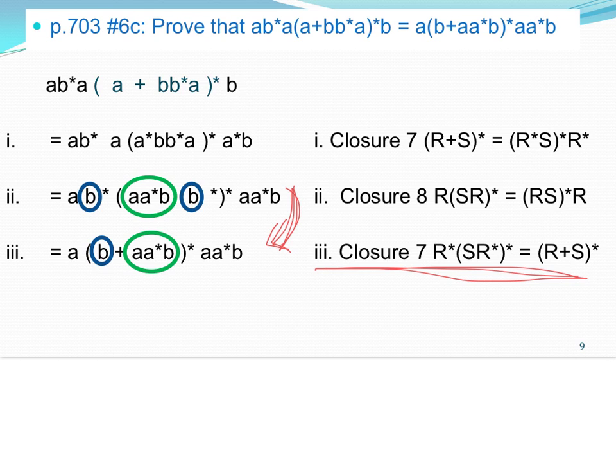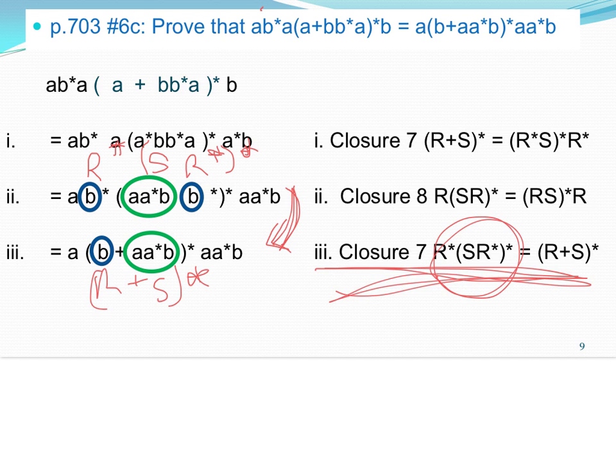So our B is now our R, and this whole green stuff is our S. And there's our R again, so we have something of the form R star, then the parentheses, and we have S R star star, and we just change that to (R plus S) quantity starred, just like the closure 7 rule says we can do.